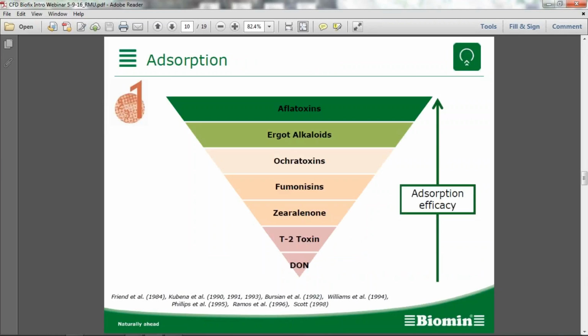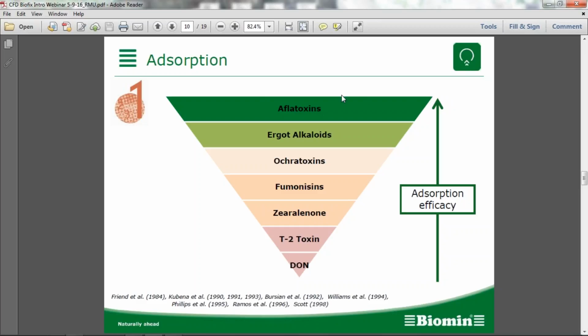When we talk about adsorption, this diagram shows the adsorption efficacy, from the lowest efficacy up to the greatest efficacy at the top of the triangle. So this is just to show that different toxins bind at different rates.